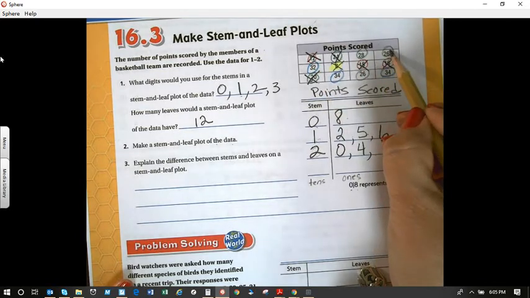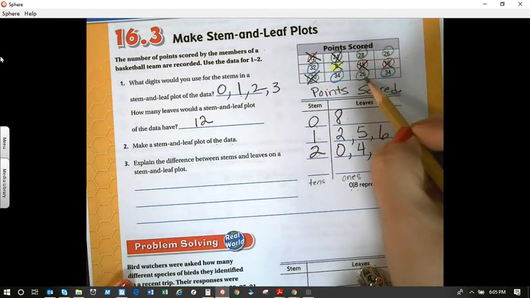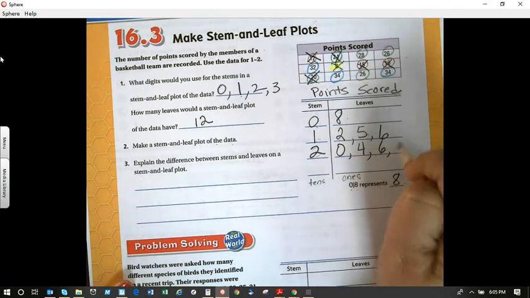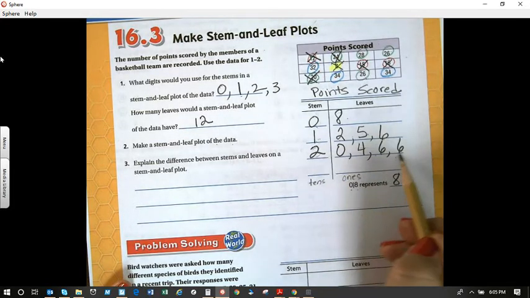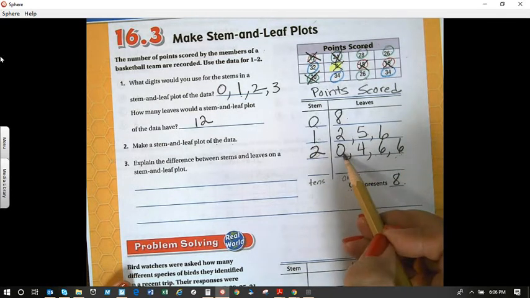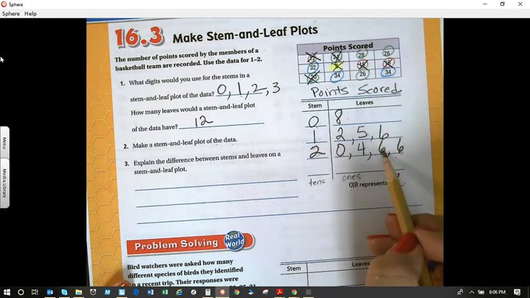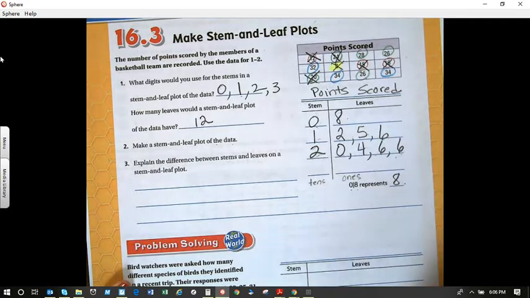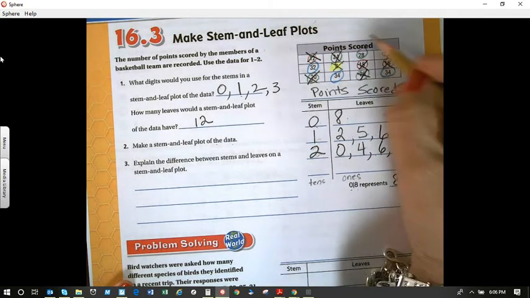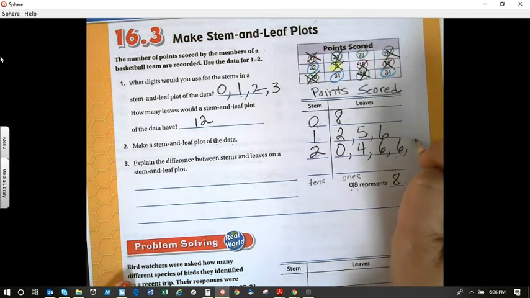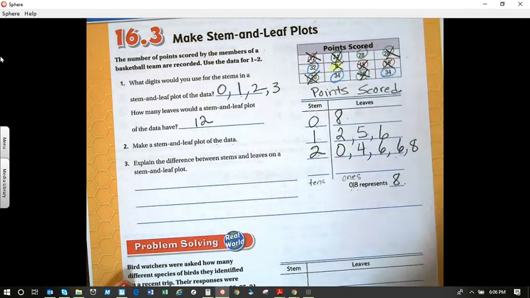Well, I have 2 6s. So I'm going to have this 26 and this 26. Okay, remember that my 1s go into the leaves. So 20, 24, 26, and 26. So crossing that out, and then I have 28 is the last number. And I'm going to cross that out.